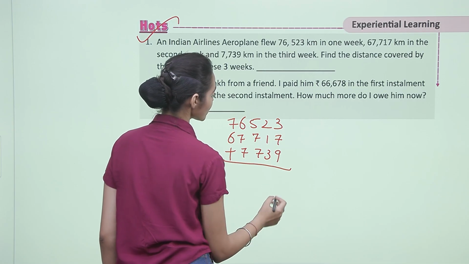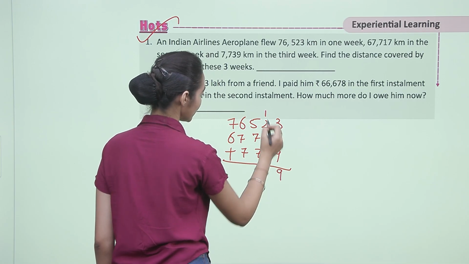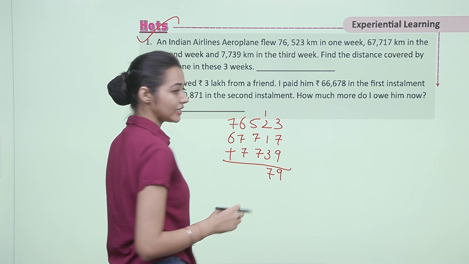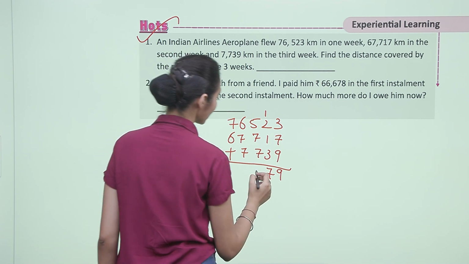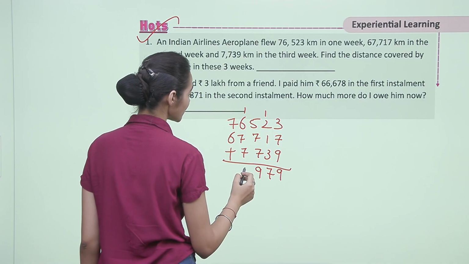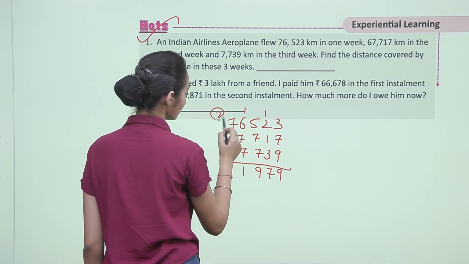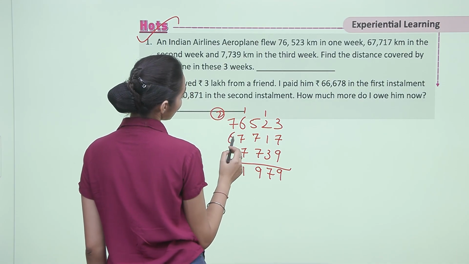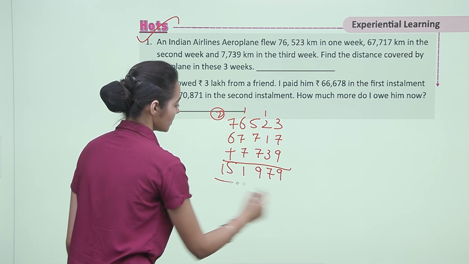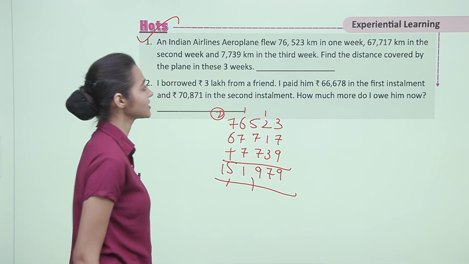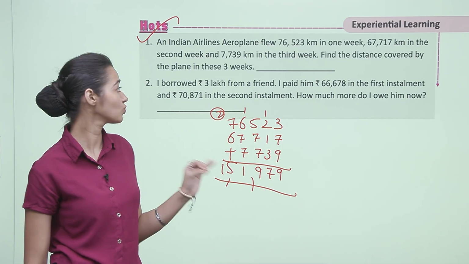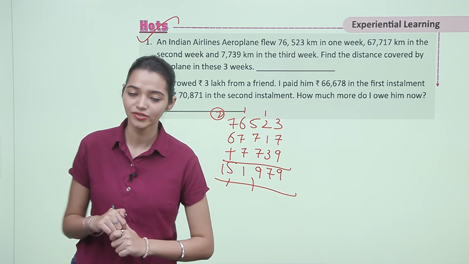After adding all of this, 7 plus 3 is 10, plus 9 is 19, 1 carry, then 3 plus 3, 6 plus 1 is 7, 7 plus 7 is 14, 14 plus 5 is 19, 1 carry over, 7 plus 7 is 14, plus 7 is 21, 2 carry over, and here we have 7 plus 7 is 14 plus 1 is 15. So 1,51,979 is the distance covered by these 3 planes in the 3 weeks. That's how we can solve the remaining part.